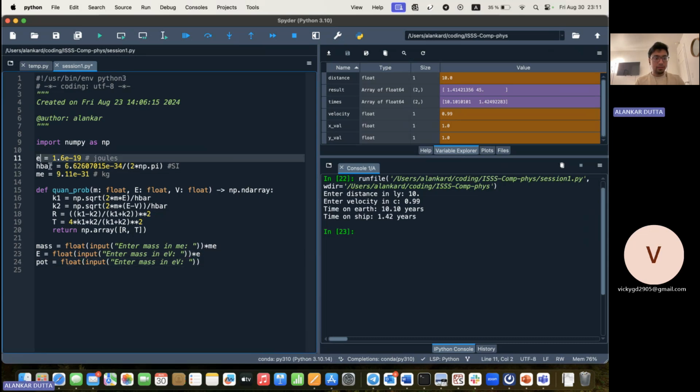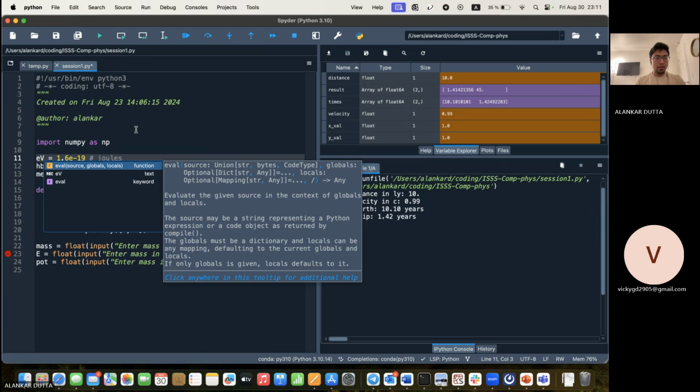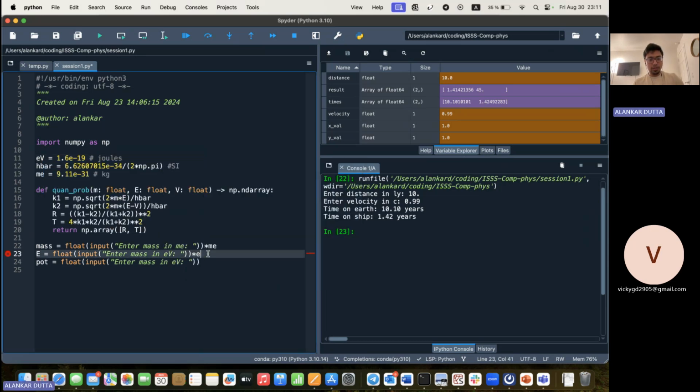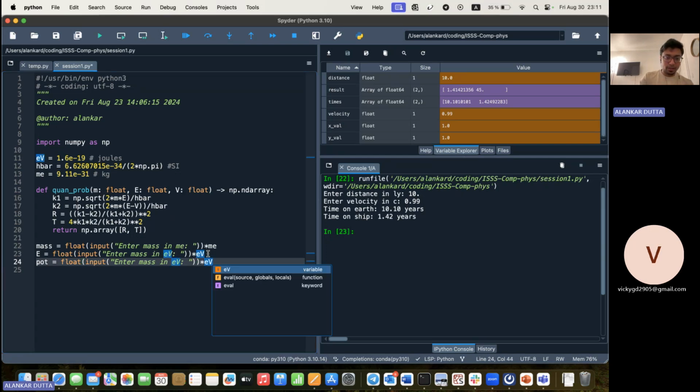Let's call this eV. So this gets converted from electron volts, and similarly for the potential. So everything is now in SI units.